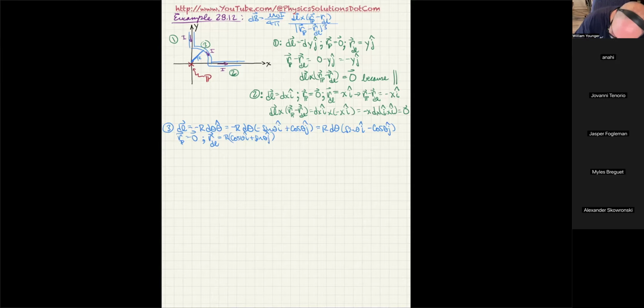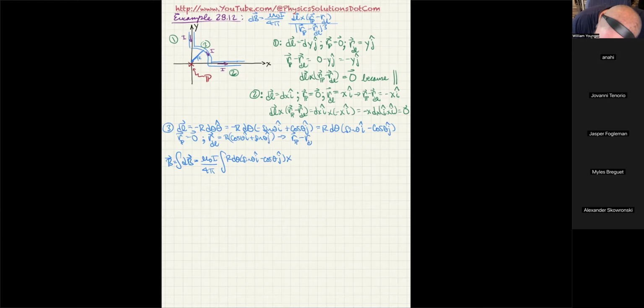So now we can go about computing this. B is equal to the integral of dB, which equals mu 0 I over 4 pi times the integral of, this is just for part 3 now, r d theta times sine theta i hat minus cosine theta j hat. That's all going to be crossed with rp minus r dl.